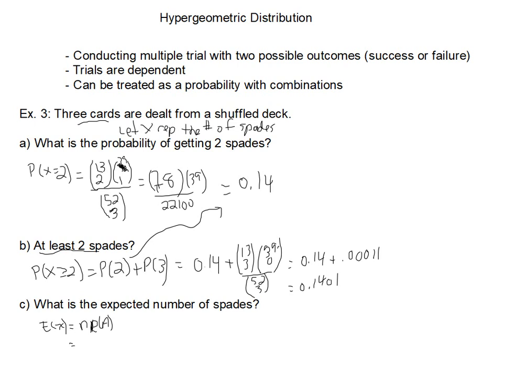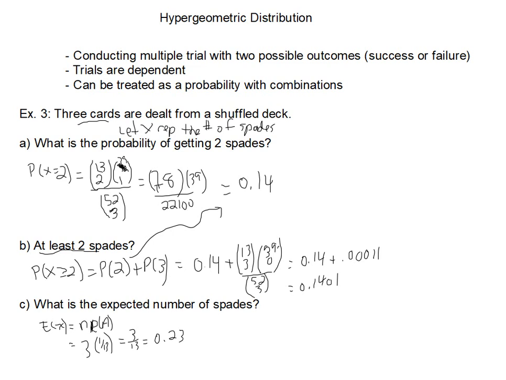We did 3 trials, and the probability of getting a spade was 13 out of 52, or 1 out of 4. So we multiply those together and we get 3/13, which works out to approximately 0.23.